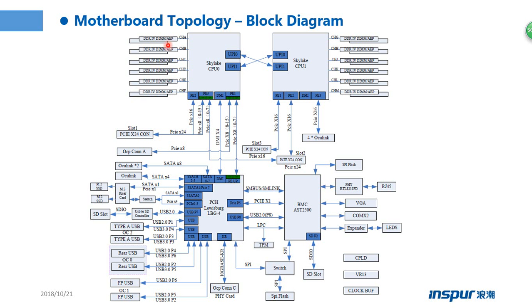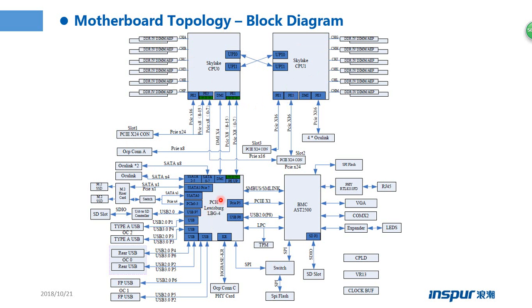From the picture, we see each CPU supports 6 channels, and each channel can support 2 DIMMs. So each CPU can support 12 memory slots. The total number of memory slots is 24 because the server can support up to 2 CPUs.